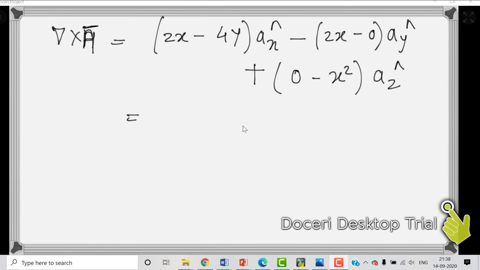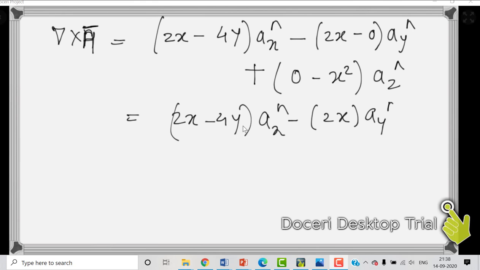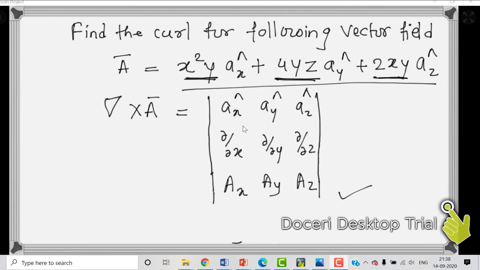So finally it is (2x minus 4y) ax cap minus 2x into ay cap minus x square az cap.